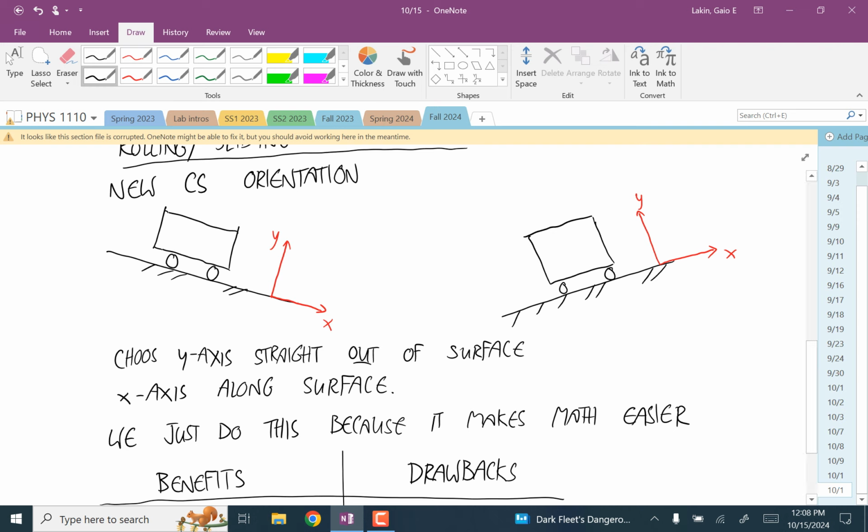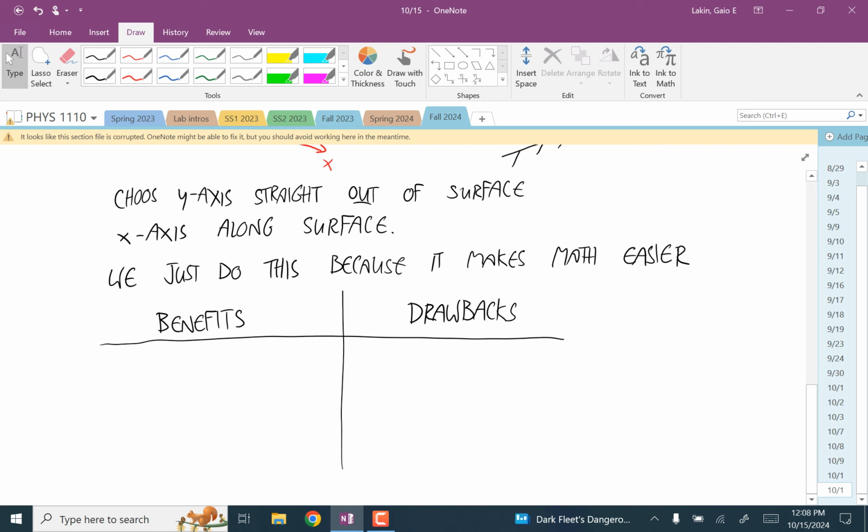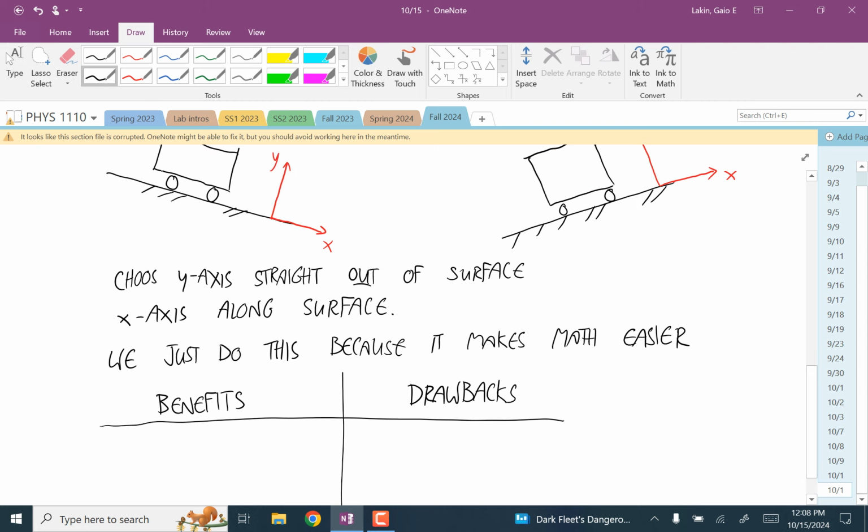So you'd have to use cosine and sine to represent that acceleration. It's not that it's impossible, but it's a pain. And so the first benefit is that with this rotated coordinate system, the acceleration vector, we can just represent it as a0. If we used a standard coordinate system, that isn't how that would look.